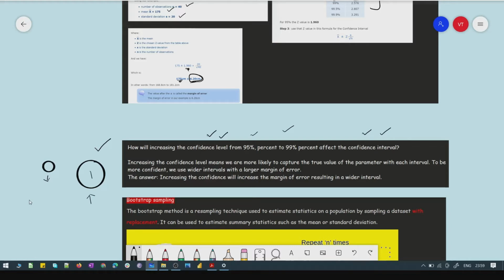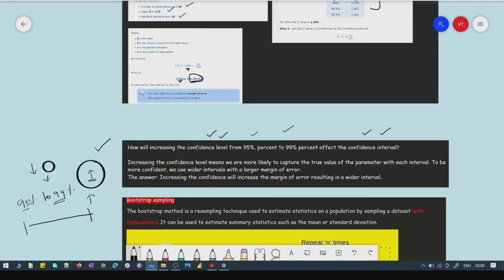Here you will have more confidence that the stone you throw will definitely fall into this, whereas here your confidence is going to be very low. So when your confidence level increases from 95% to 99%, your confidence interval size increases.